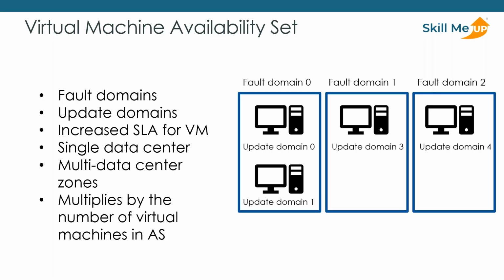Now keep in mind that you're paying for the number of virtual machines that are part of that availability set. So in this scenario, you can see I'm showing in the graphic 3 fault domains being used. I have 4 servers on 3 racks. So I am using 4 update domains over 3 fault domains, and those are now 4 servers that I'm paying for in terms of my configuration.